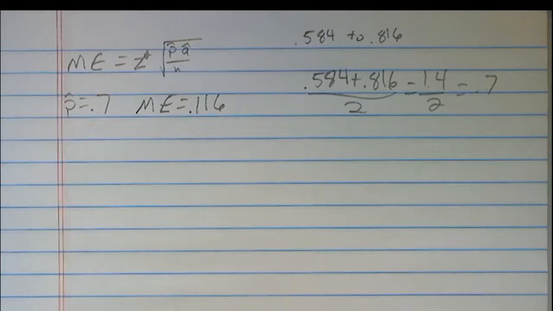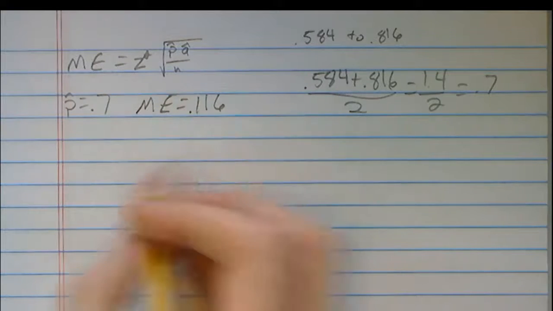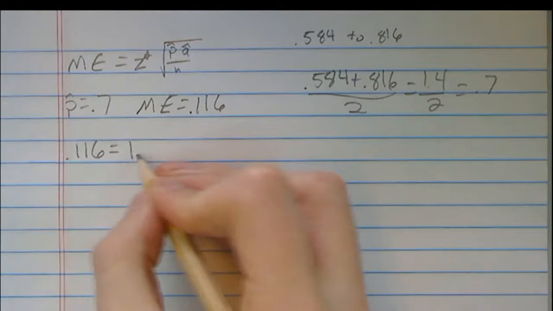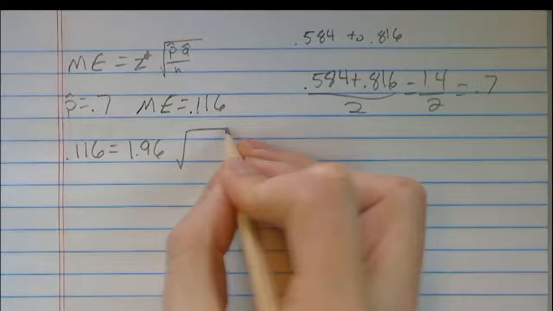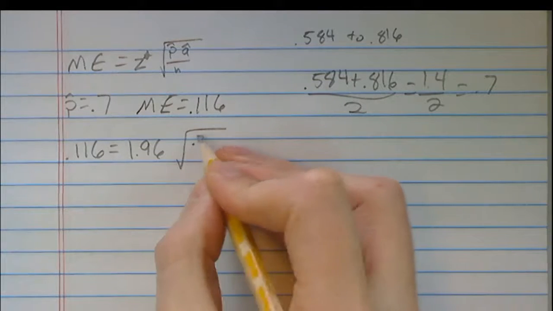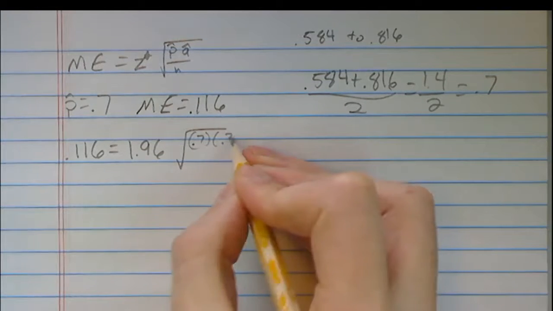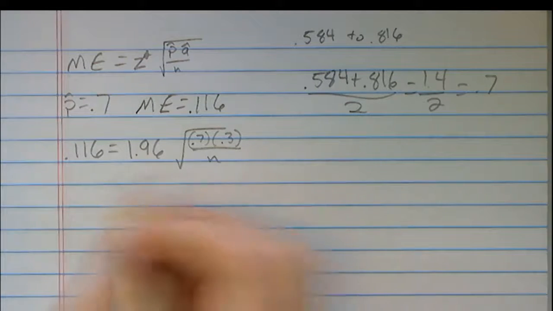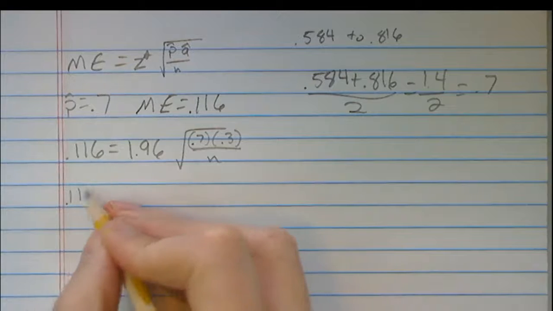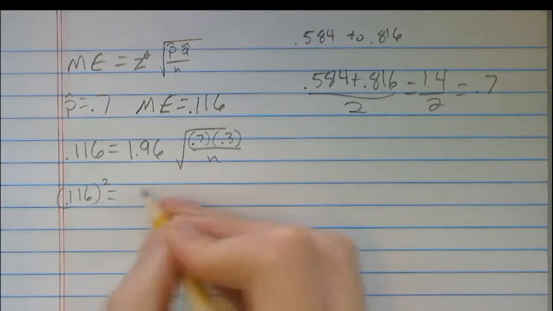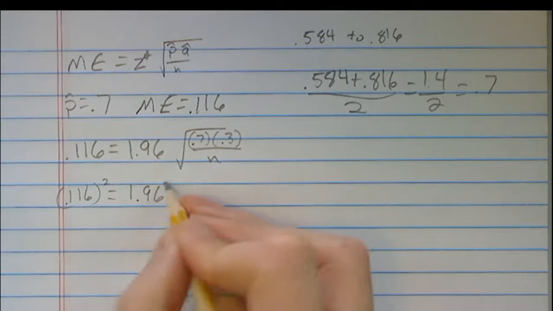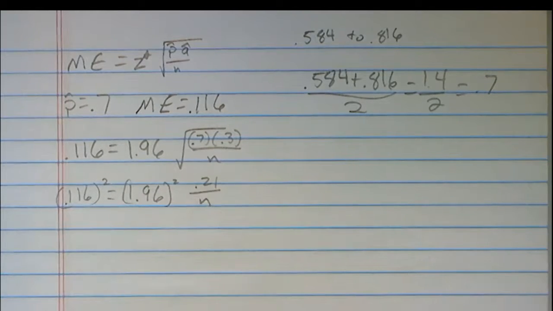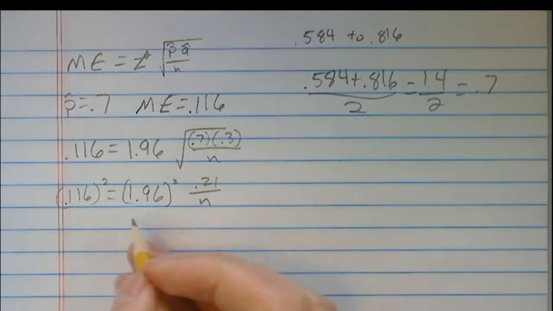Alright, so now let's plug this stuff into there. 0.116 equals 1.96 times the square root of p hat q hat over n, and solve for n. Squaring, multiply by n, divide by 0.116 squared.